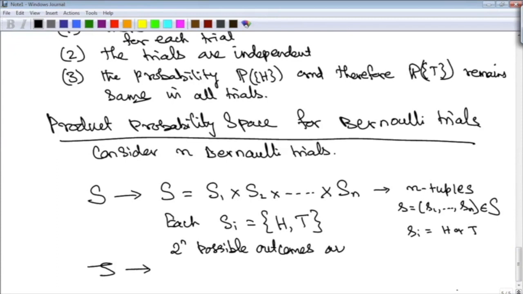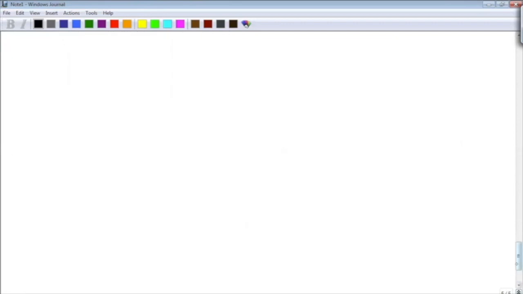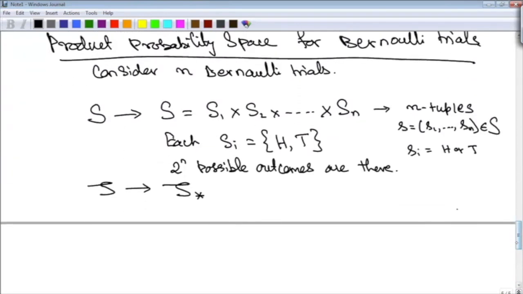You can clearly see that, and so therefore you can take the power set as the sigma field. So there's no ambiguity in that. And what is the probability space? So the probability space can be taken as the discrete probability space. Okay, so discrete probability measure.